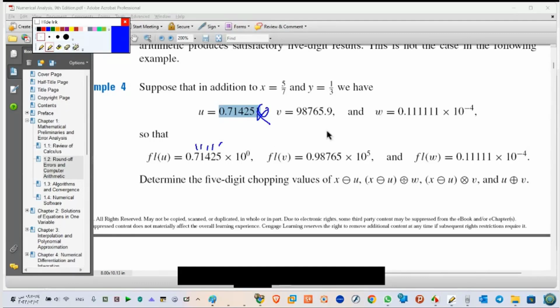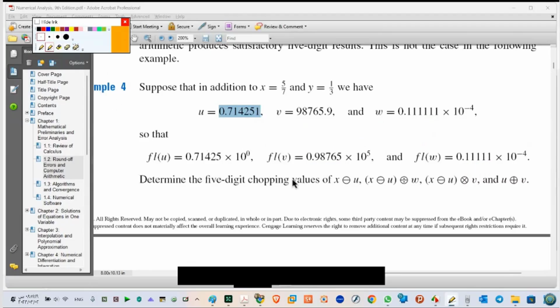Where is the cut? Here, this number is 0.9876595. I need 5 digits. So see here, it is 1, 2, 3, 4, 5. Cut. This as it is 1, 2, 3, 4, 5. There is no cut. We cut the last one.